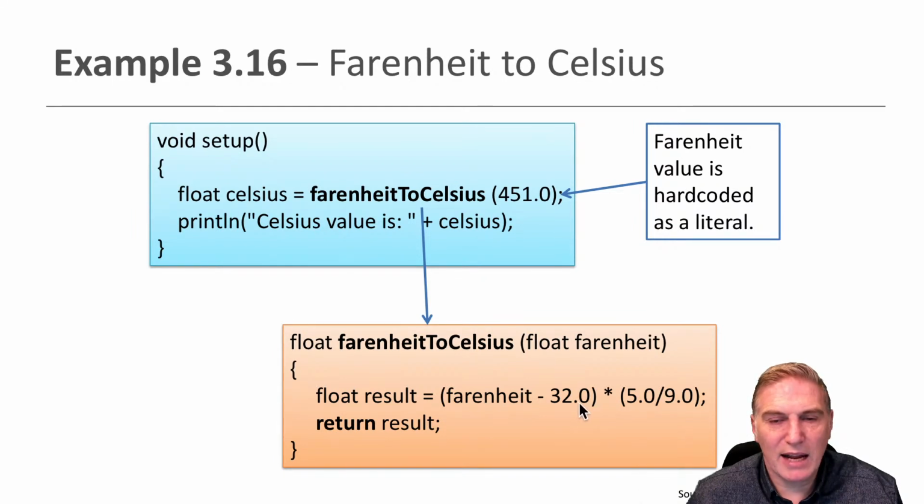When you get that answer, you multiply it by 5/9. And we're storing that in result, and then we can return result. So let's work through this. The 451 is passed into the local parameter variable Fahrenheit. So we now have 451 stored in Fahrenheit.